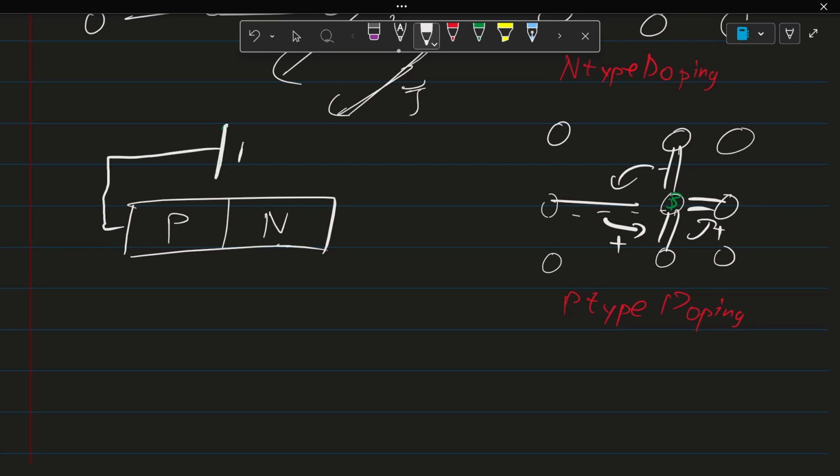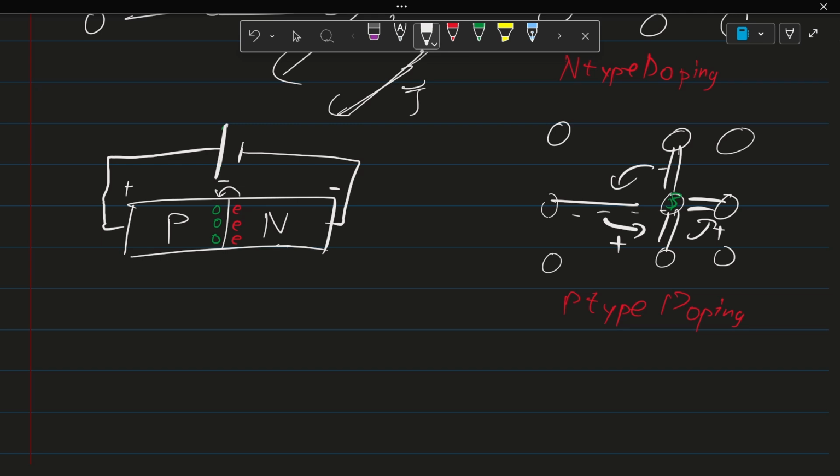Like that. So in the p-type, there should be holes, right? And then for the n-type, there should be electrons. So there's a positive terminal as well as the negative terminal. So first of all, this electron would want to jump here because there's an empty state.